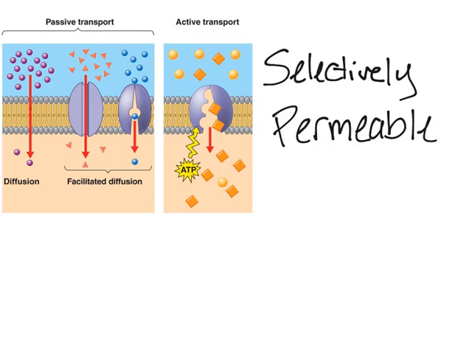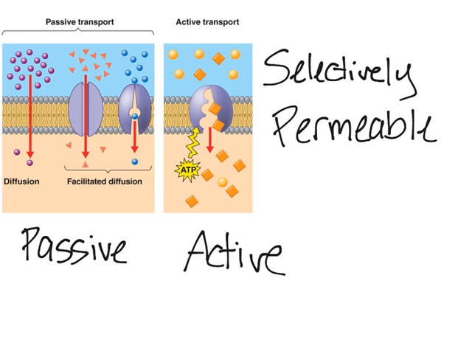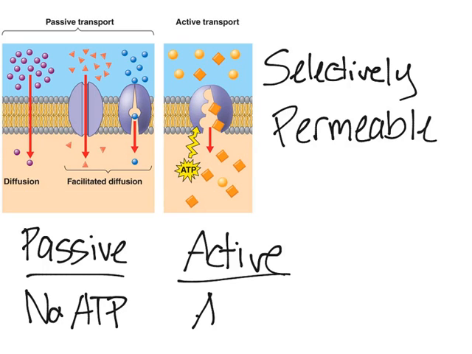big molecules of glucose. And so what you need to know is there's two types of transport: passive and active. And so essentially the difference is passive, there is no ATP being used, while active, ATP is directly being used.